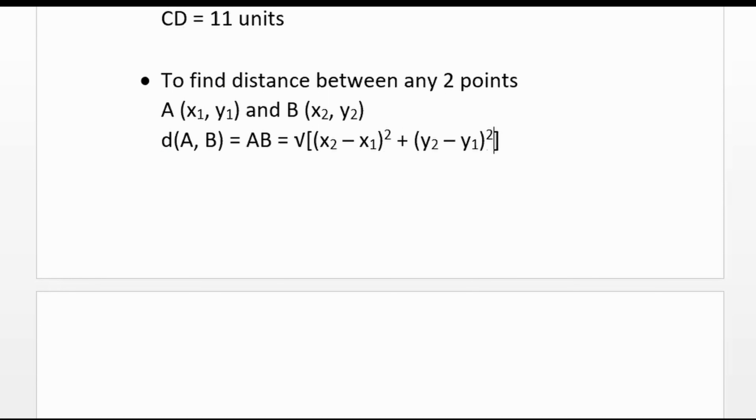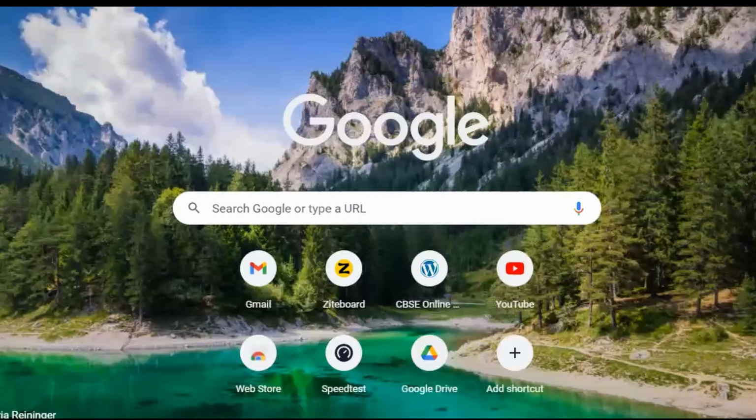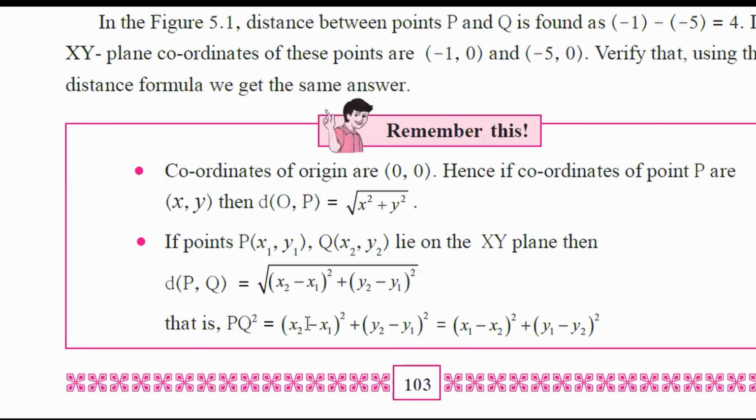So the distance between any 2 points can be calculated using this distance formula, which is the square root of (x2 minus x1) whole square plus (y2 minus y1) whole square. So how does it look? It looks like this, the way it is given here.